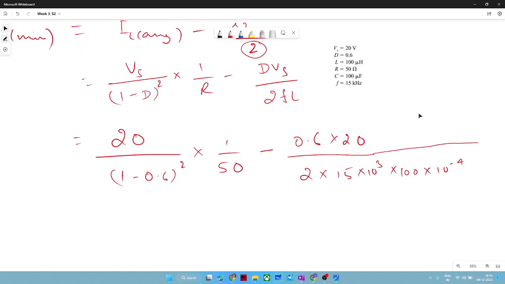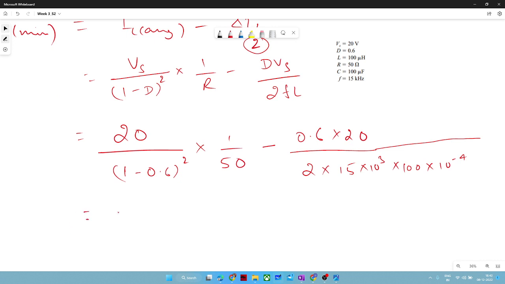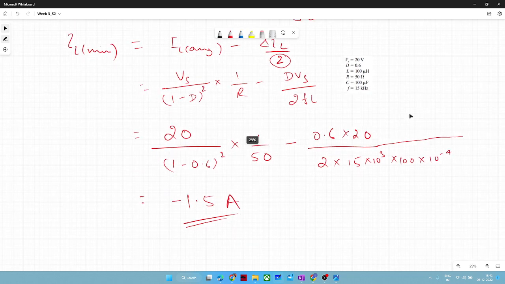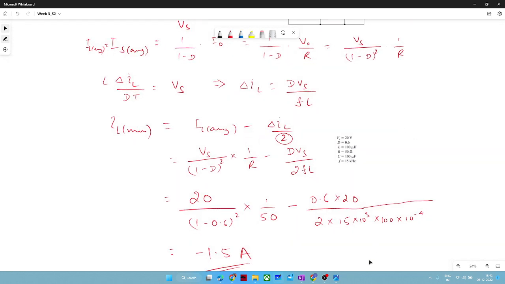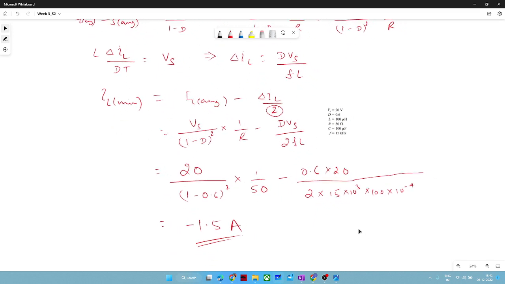If you equate this, what value will you get? You will get minus 1.5 ampere. This much value you will get after doing such manipulations. You will get minus 1.5 ampere.